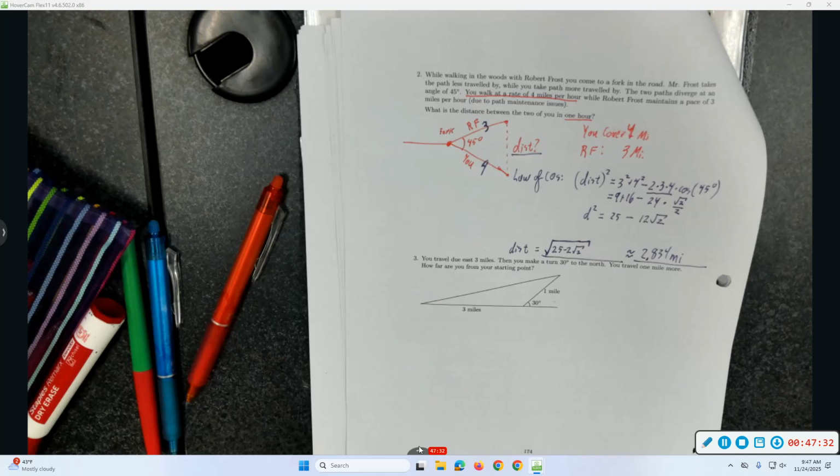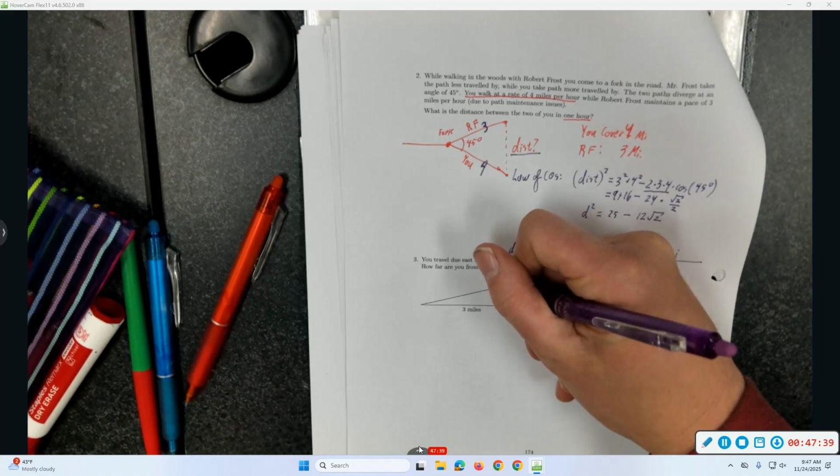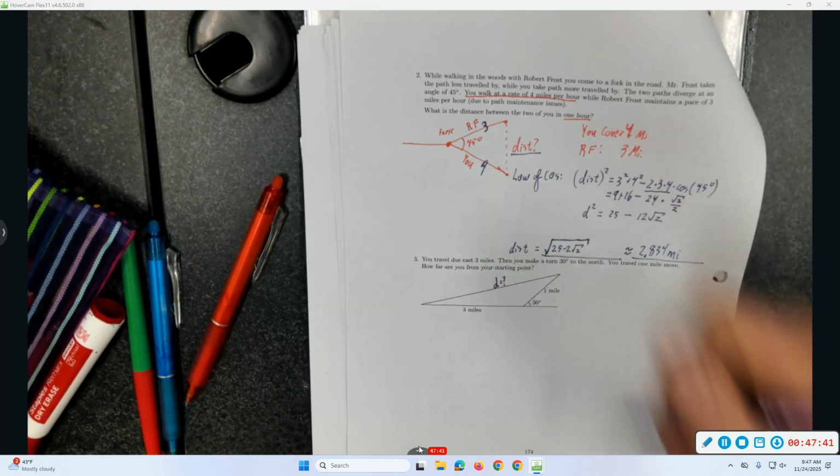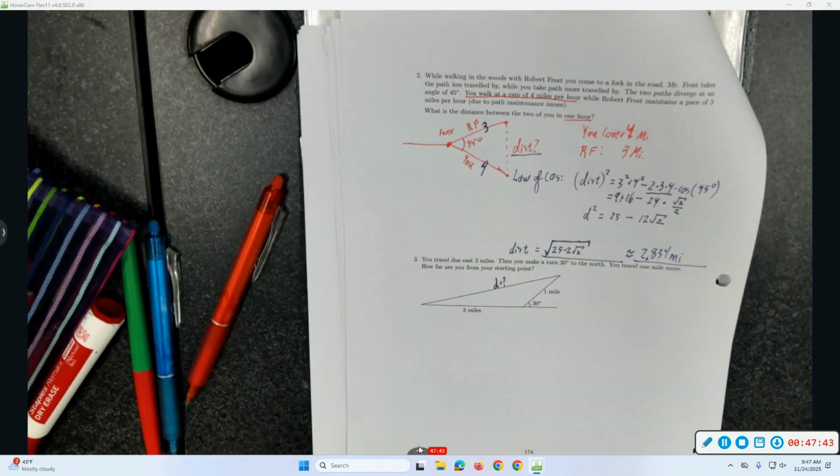And I guess we could do the same sort of thing. There's the side that you'd like to know. You know 2 of the sides. Do you know the angle opposite that unknown side length? Yeah, cool.